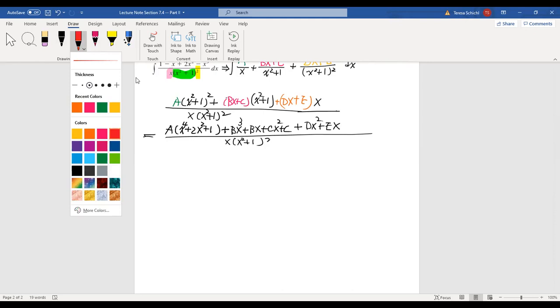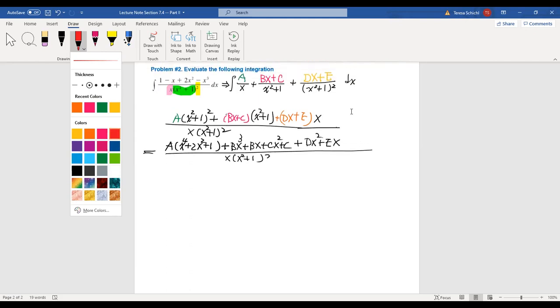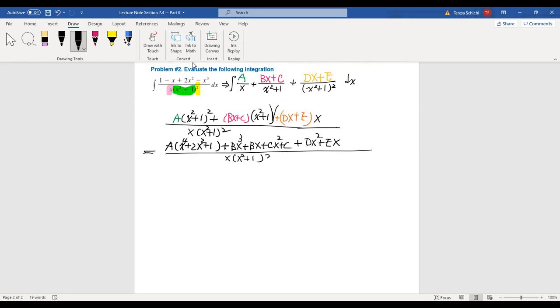Okay, so let's take a look at the x to the fourth. Do we have any x to the fourth here? Oh, here, see here, I made a mistake here. That's why we need to be very careful here.